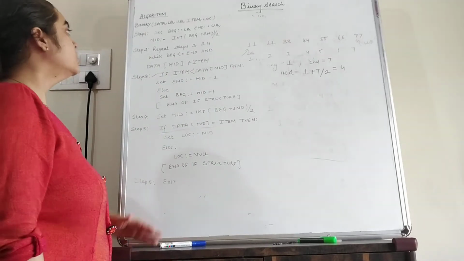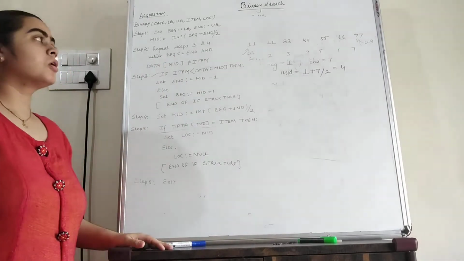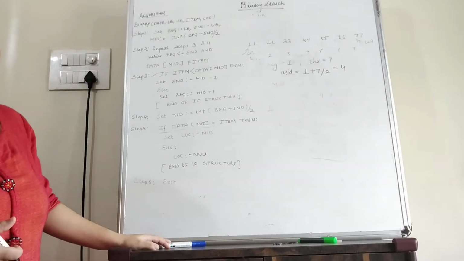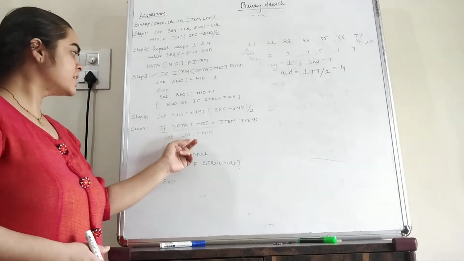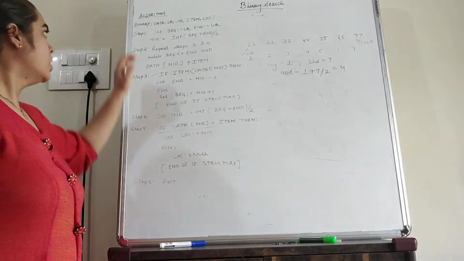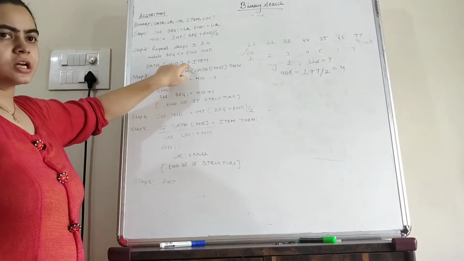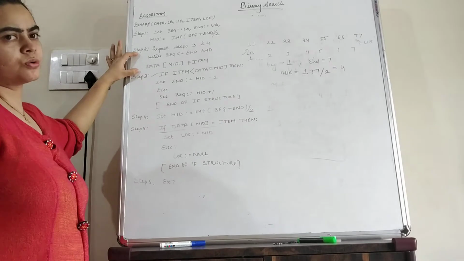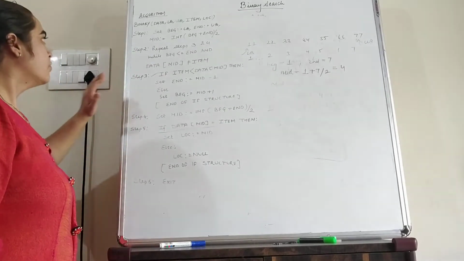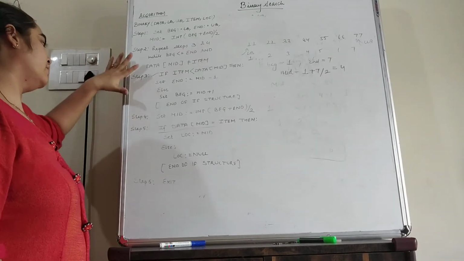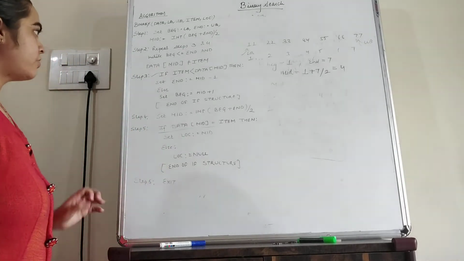And also the data element which is in the mid will not be equal to the item. If it is equal to the item, then directly we can set the location is equal to mid. Then directly we can go to the step number 5 if these conditions are not satisfied. If these conditions are satisfied only, then we can execute step number 3 and step number 4. If these conditions are not satisfied, then we can directly go to step number 5.